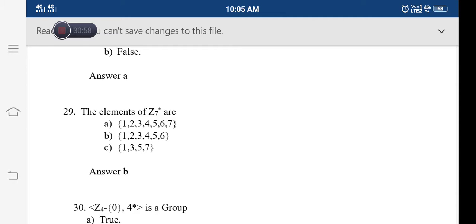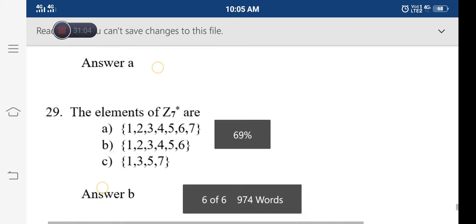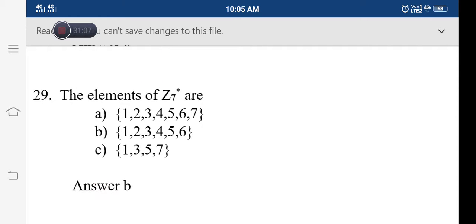Then question 29, the element of Z7 star. The answer is B, because we know that the formula is I will be choosing the value of I such that it is greater than 0 and lesser than n. So that means it lies between 1 and 6.